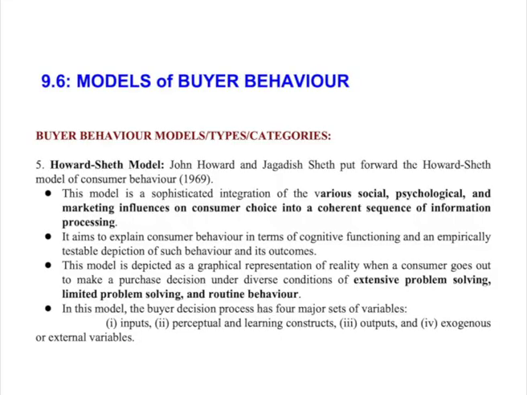It has 4 stages. The first stage is the input stage, second is the perceptual and learning constructs, third is outputs, and fourth is exogenous or external variables. Now, exogenous or external variables are not given in the model per se. However, we need to understand that the model goes beyond that in terms of the external variables which also factor in.